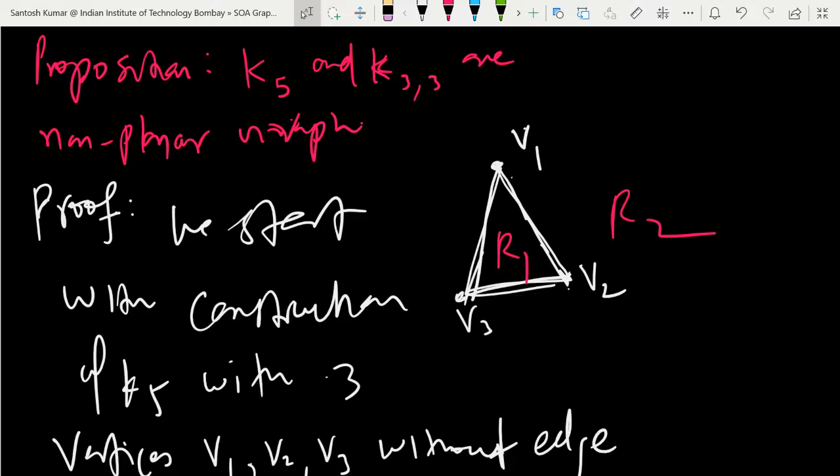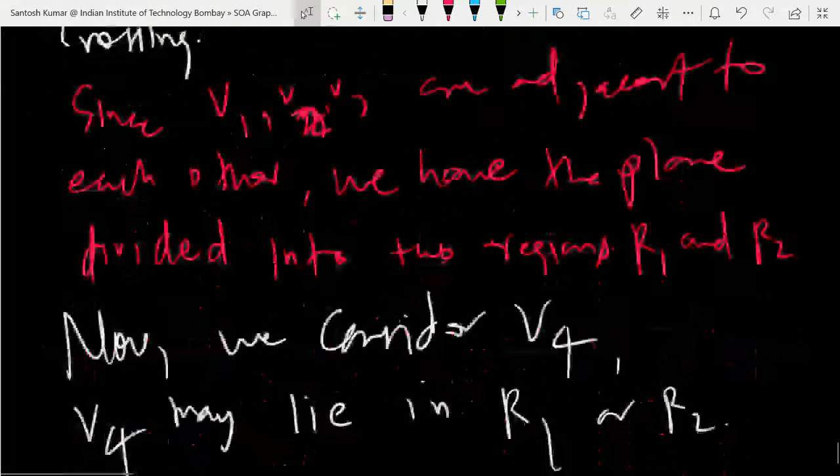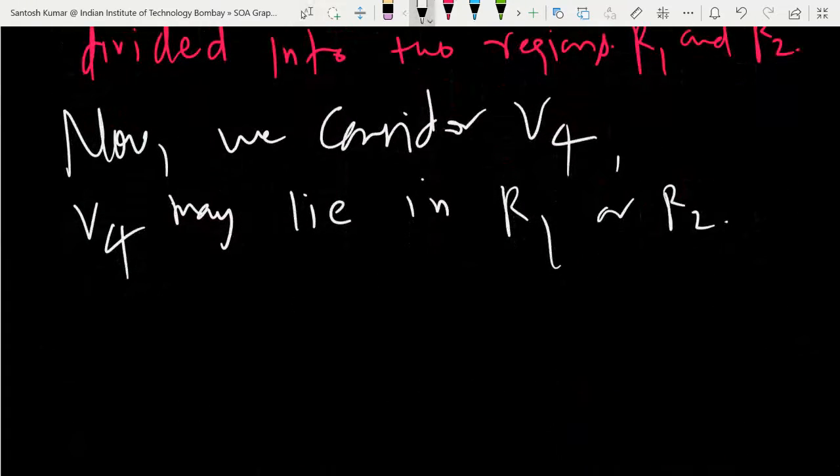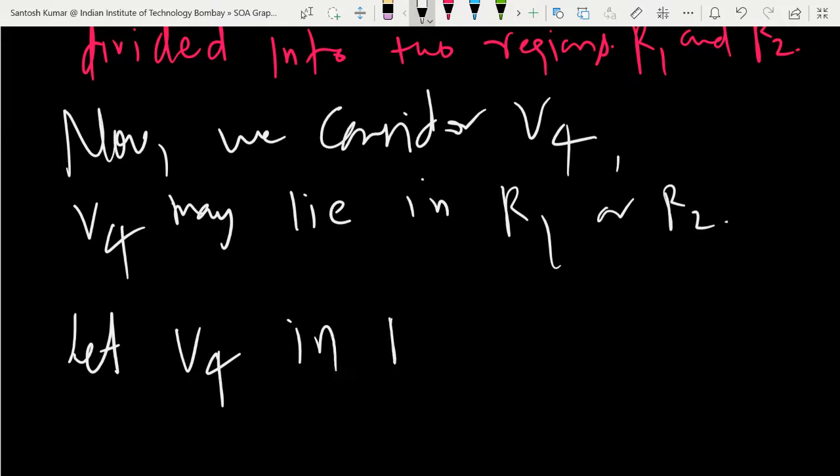R1. Okay, so let's take R1. So consider, there is a phrase, without loss of generality. So there will not be any problem in R1 or R2. The proof goes the same way. You take R1 or you take R2, similarly you will write the proof. So for the one you write, the other follows similarly. So let's take V4 in R1.